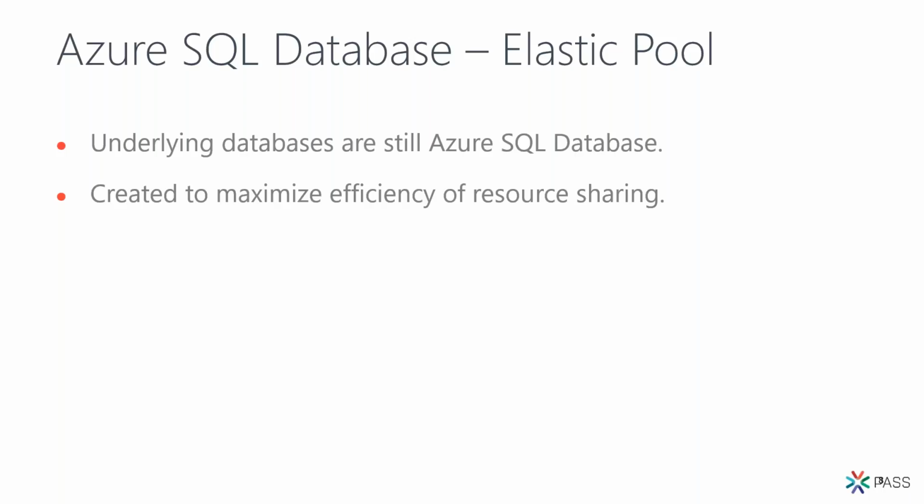But that could be wasteful, because maybe you don't have as many users for a third of the day. Maybe two thirds of your day are really busy, and then the other third you don't have a lot of users using your database, right? So those resources are kind of going to waste.